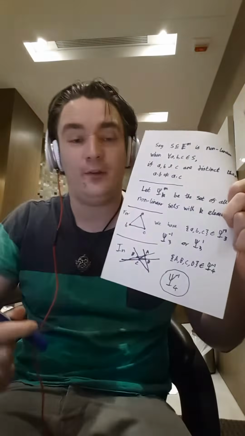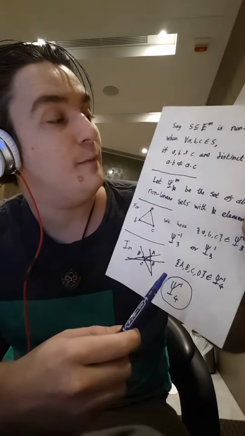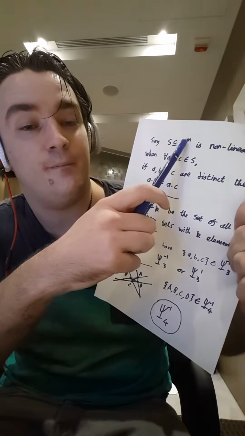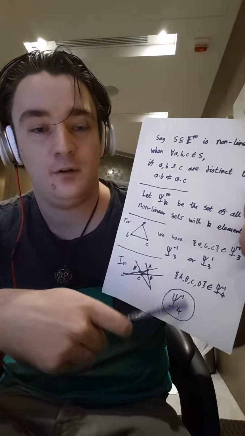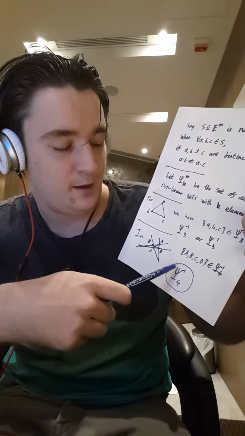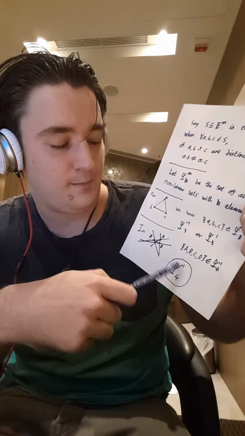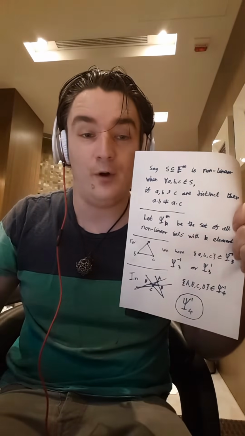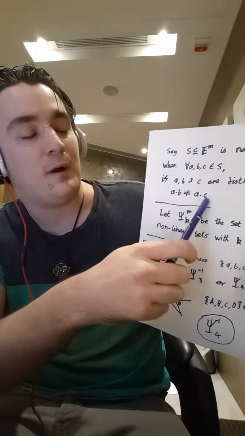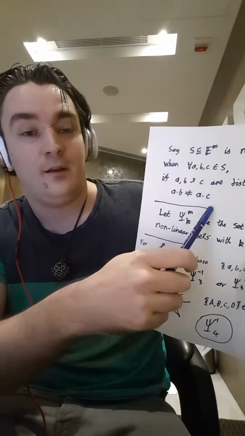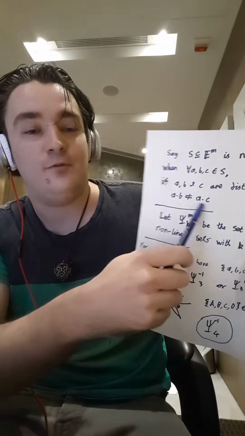In other words, it's a set of 4 elements from e to the m, where m is, let's say, -1 because we're talking about points, and it's a nonlinear set, so no 3 of its distinct elements have this property that they sort of have the same join or link.